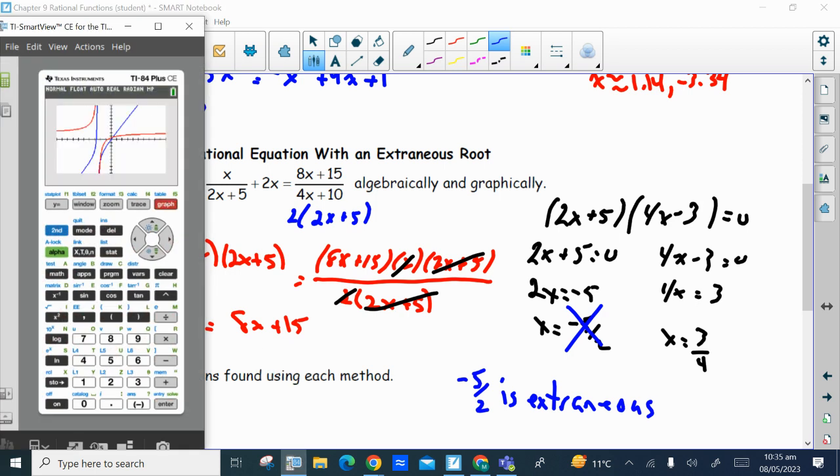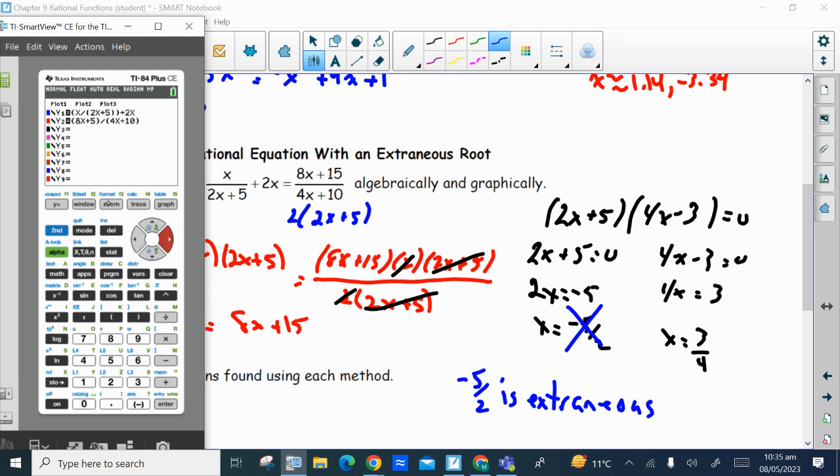But let's confirm 3/4. Second function trace, number 5 for intersect. Enter, enter. I'll put my guess at 1. And we do get, whoops, let me try that again. X over 2x plus 5. Oh, there's my mistake. It should be 8x plus 15.